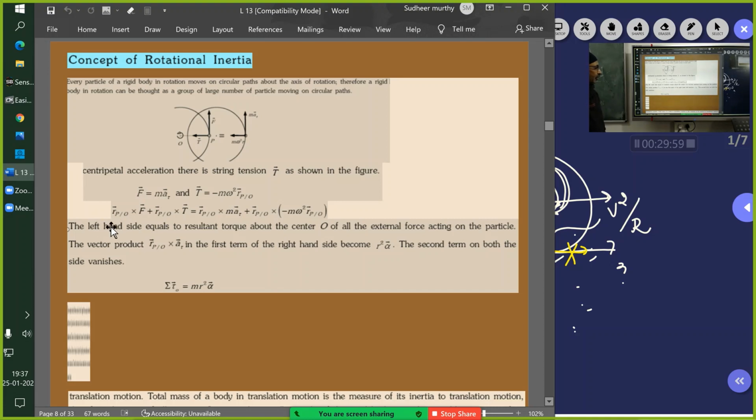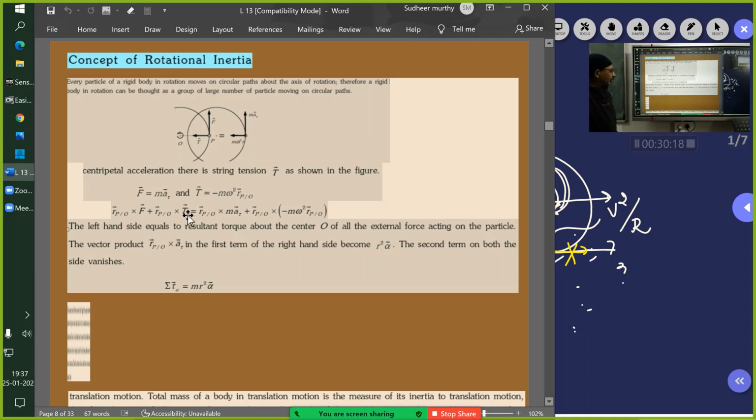So now, r bar of P with respect to O cross F bar plus r of P with respect to O cross T bar. These are the two forces.